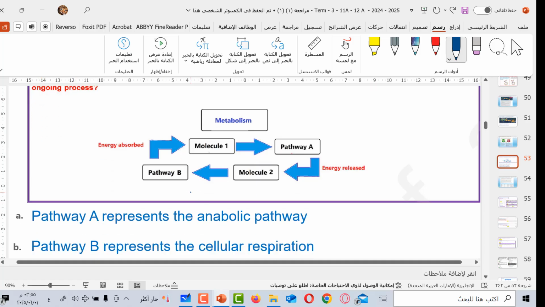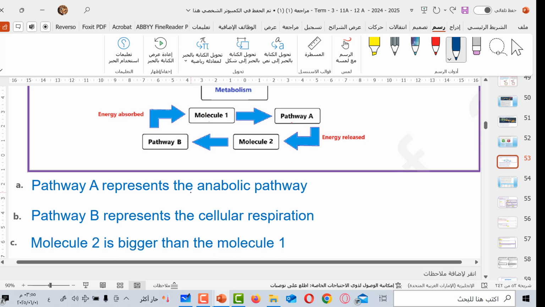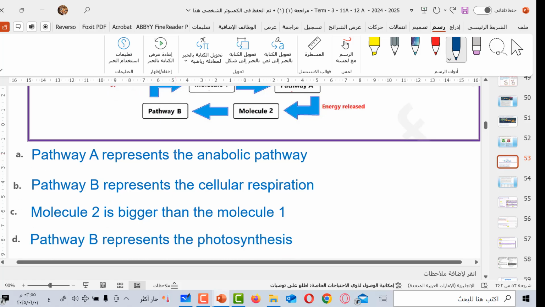Right. This pathway 1, and this pathway 2, energy is absorbed from pathway 1, but this is sugar, and pathway 1 is photosynthesis. Pathway B represents photosynthesis. Yes, this is photosynthesis.